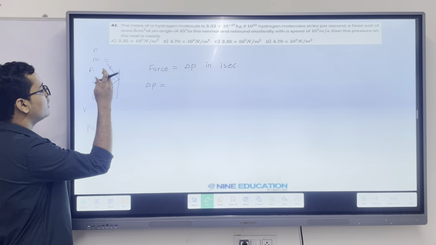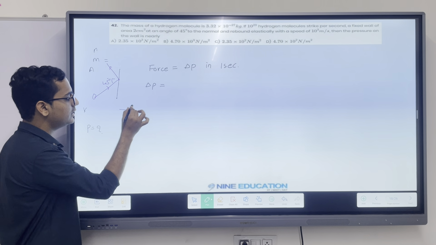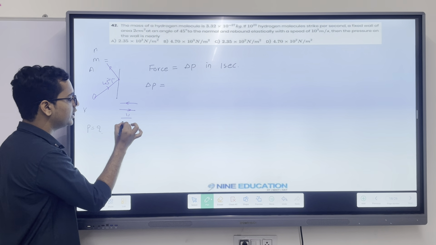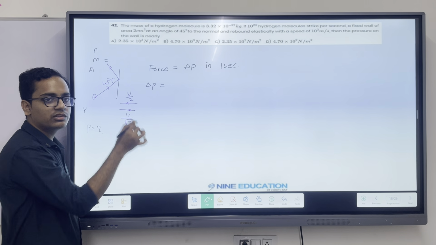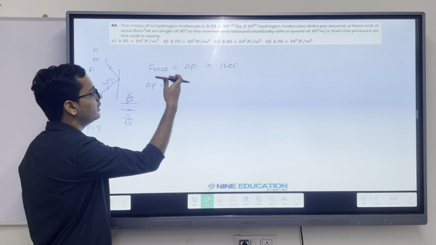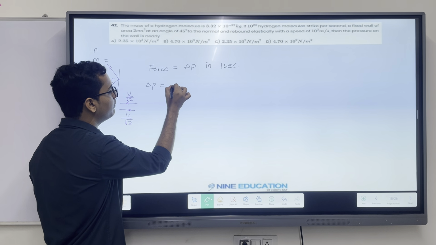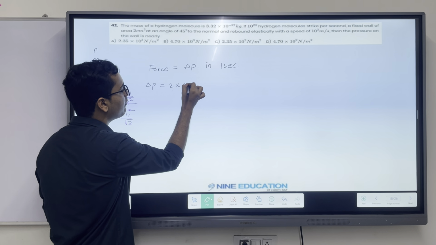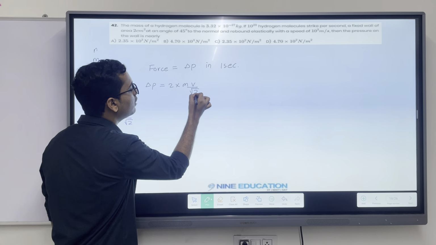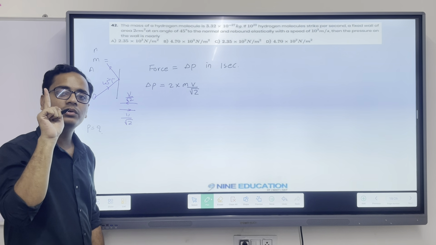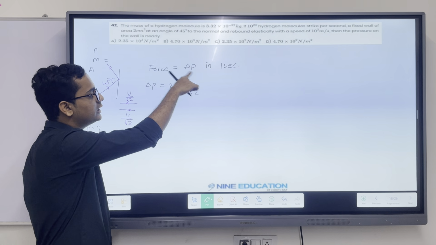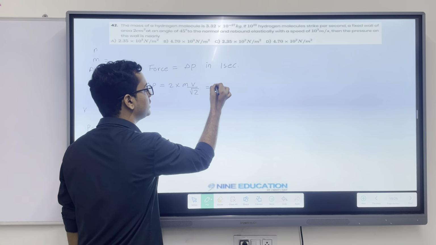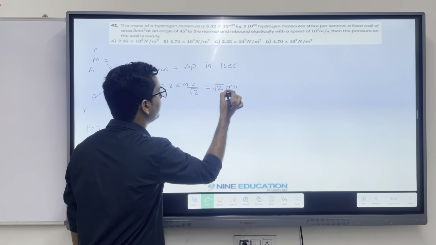Only the component of the velocity perpendicular to the surface is going to change. It's going to change from v by root 2 to again v by root 2, but the direction will be opposite. So delta P is going to be 2 into m into v by root 2. This is the change in momentum due to one hydrogen molecule, which is nothing but root 2 into mv.